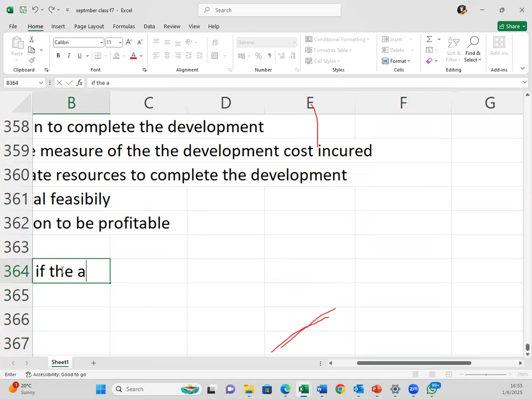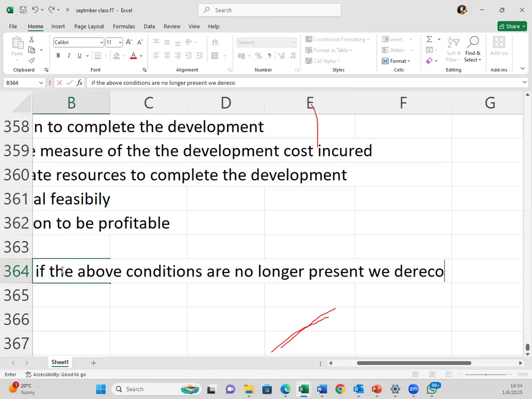If the above conditions are no longer present, we de-recognize the development cost as an intangible asset and expense it.